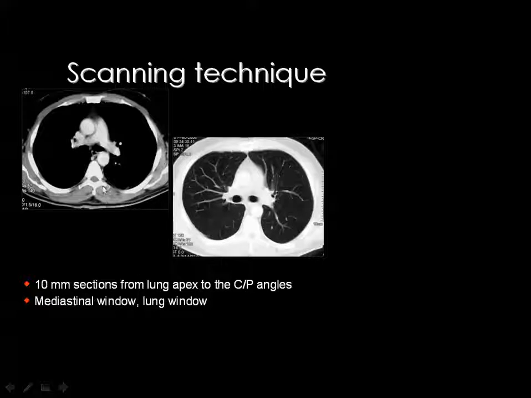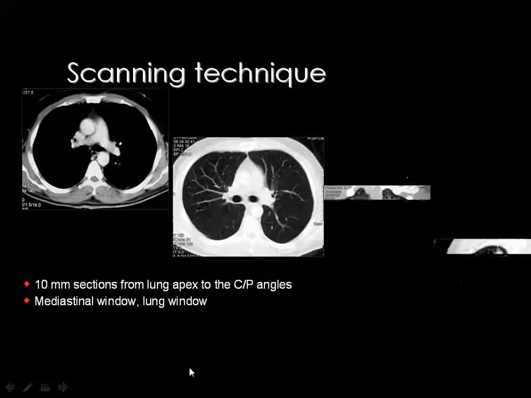By mediastinal window, we mean that this is the way of imaging to assess the mediastinal structures. But in this window, you cannot see the details of the lung parenchyma. While in the lung window, you can see the details of the lung parenchyma, but you cannot see the details of the mediastinum. Then you have to do both windows for every slice in the chest.